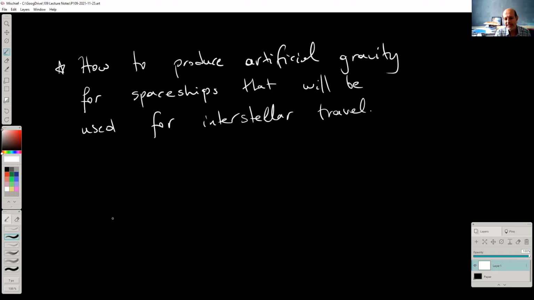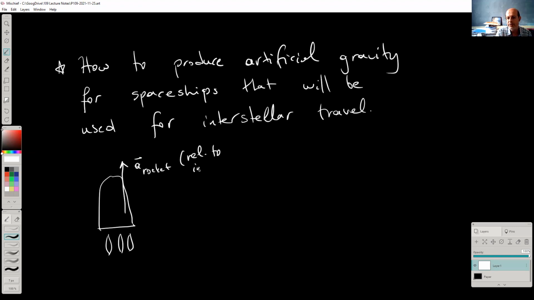In any case, let me just say it like this. If a rocket, for example, is accelerating, so let's say that it has an acceleration of the rocket in here, that's basically relative to an inertial frame.